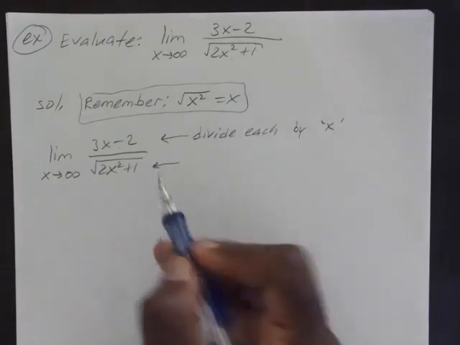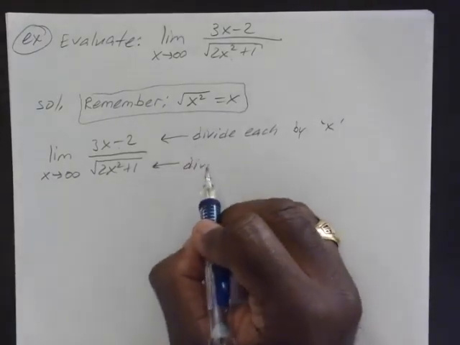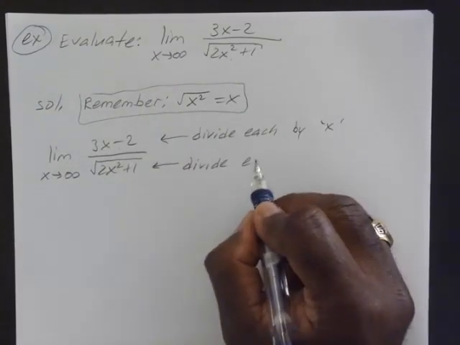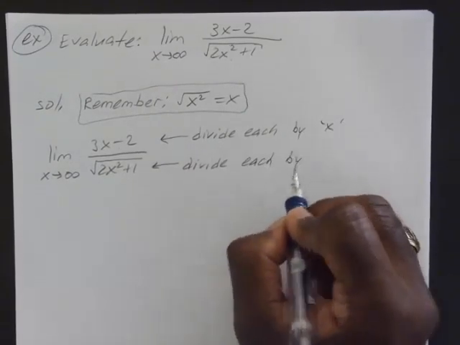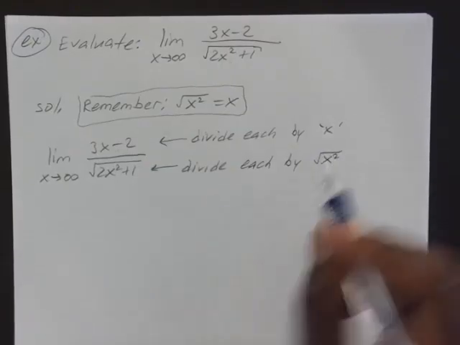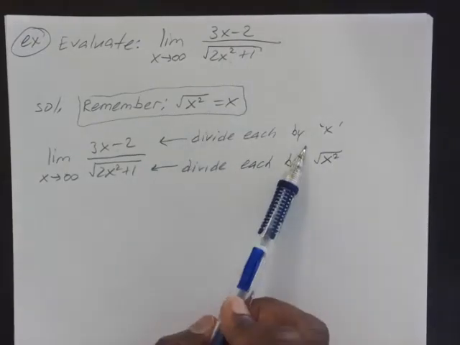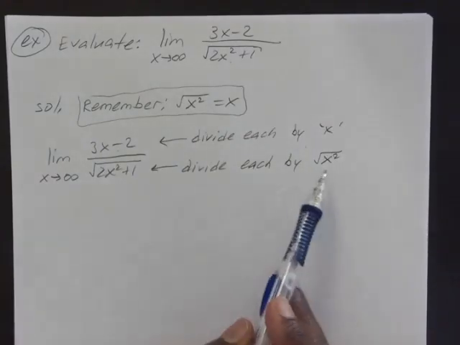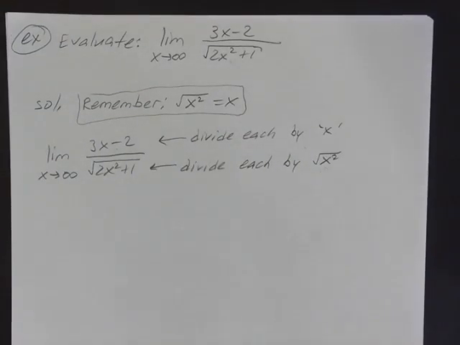Our denominator, we can divide each term by the square root of x squared, which is an equivalent value, but in that form it helps us solve it a little bit easier.